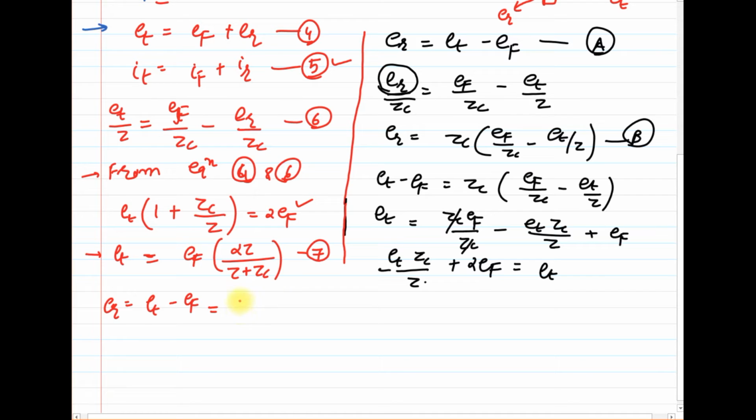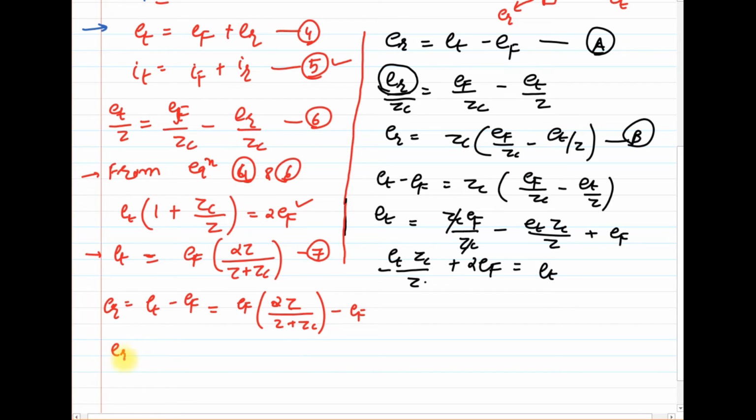So EF into 2Z divided by Z plus ZC, now minus EF.